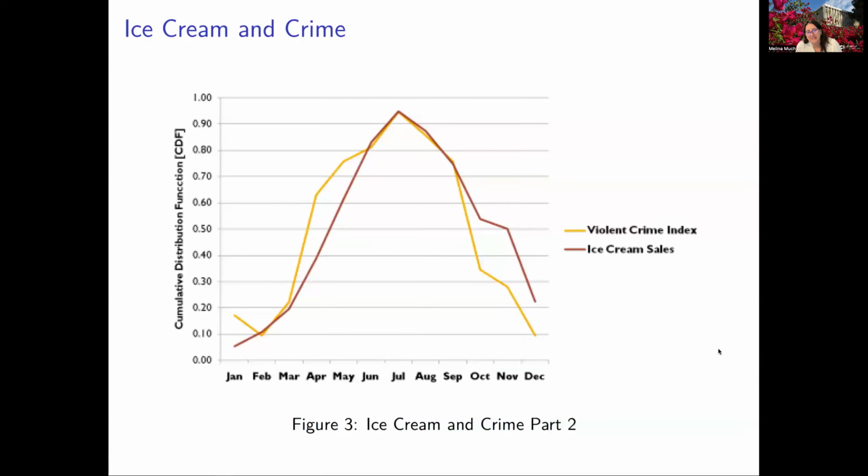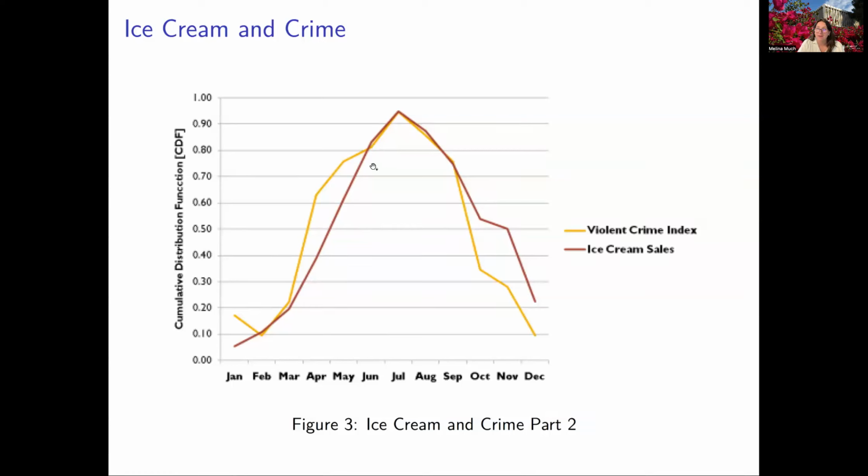In the earlier months when it's cold, there's very low rates of murder and ice cream sales. We see this also in the winter months, October, November, December. But that peak happens when it's warm outside. So both violent crime and ice cream sales increase during the warmer months.